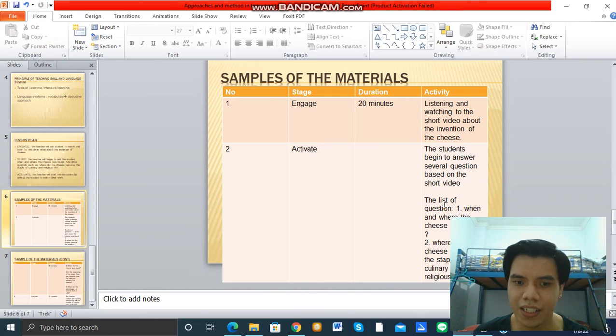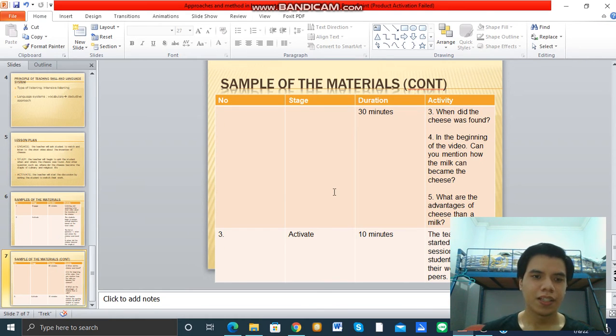And this is the list of questions. The first question is when and where the cheese was found. The second question is where the cheese became the staple of culinary and religious life. For additional information, it means where did the cheese become the staple of culinary and religious life for the first time since it was found, of course.